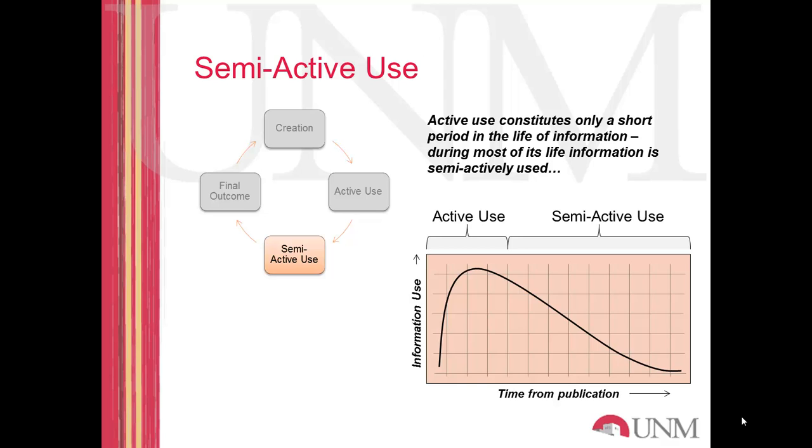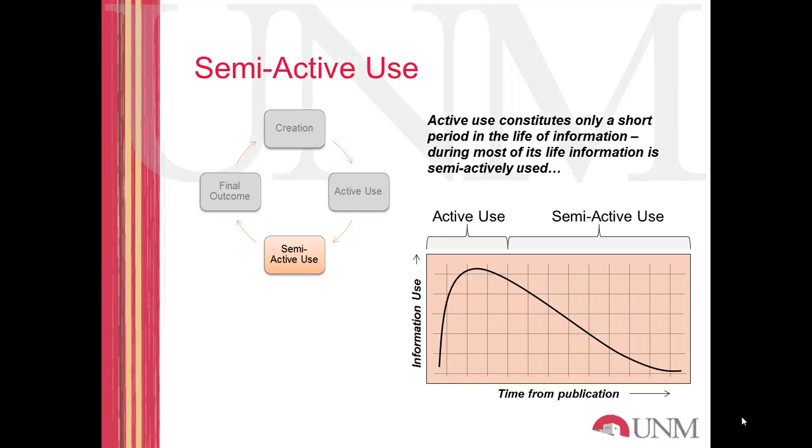And over time, as new information is produced that supersedes that article, that value and the use of that article are going to decline to where they actually rarely get used at all over a long period of time.